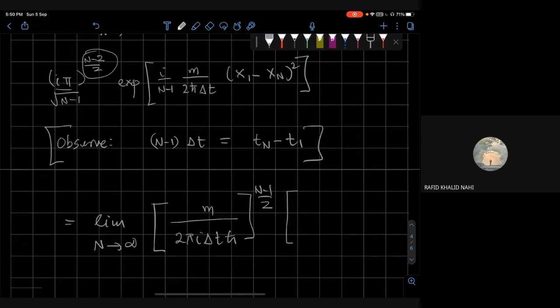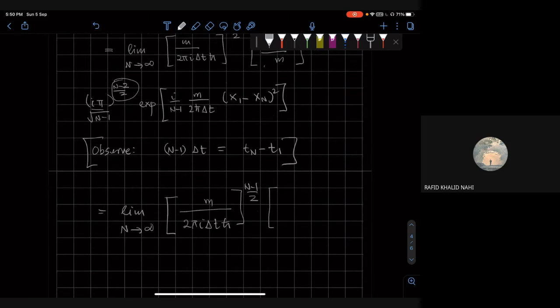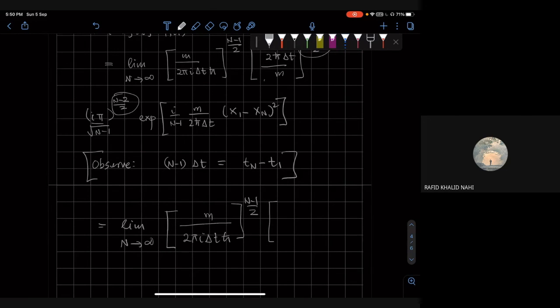And then what did we have here? We had 2 h bar delta t. Now we are going to have i times pi here divided by m. And here we get (n minus 2) divided by 2.